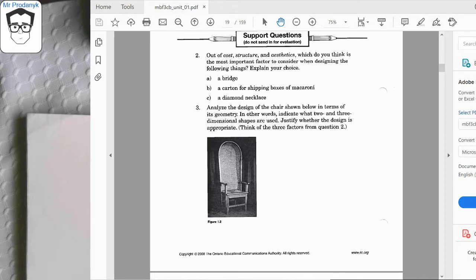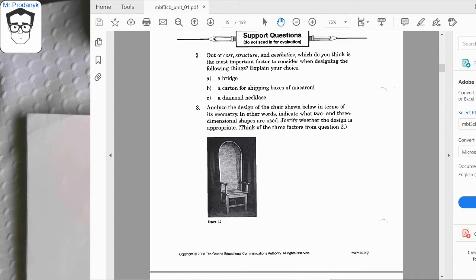So cost and structure, again, if the manufacturer can keep the cost of the container box to a minimum, and the structure as simple as possible, then that's good, because that's going to translate into more profit for the manufacturer of the macaroni. But now you have to consider some of the marketing here and the aesthetics of the box to hopefully attract more customers to your box of macaroni as opposed to the next box of macaroni sitting on the shelf. So there's a lot of things there to take into consideration.